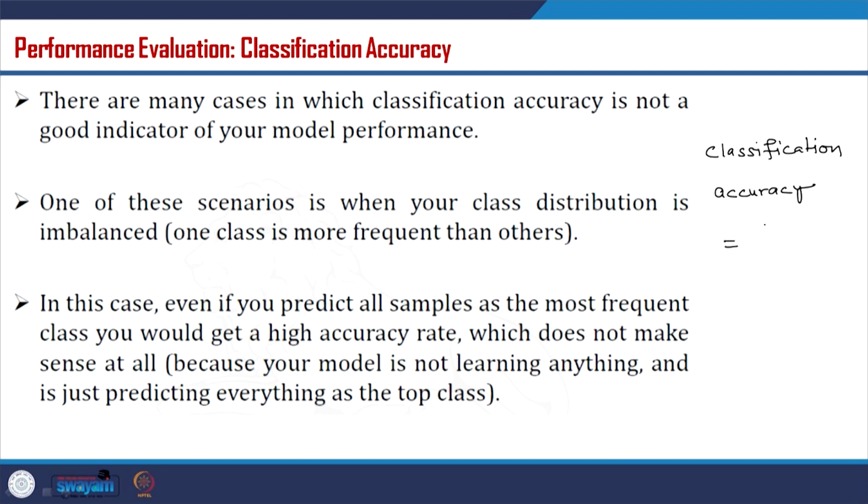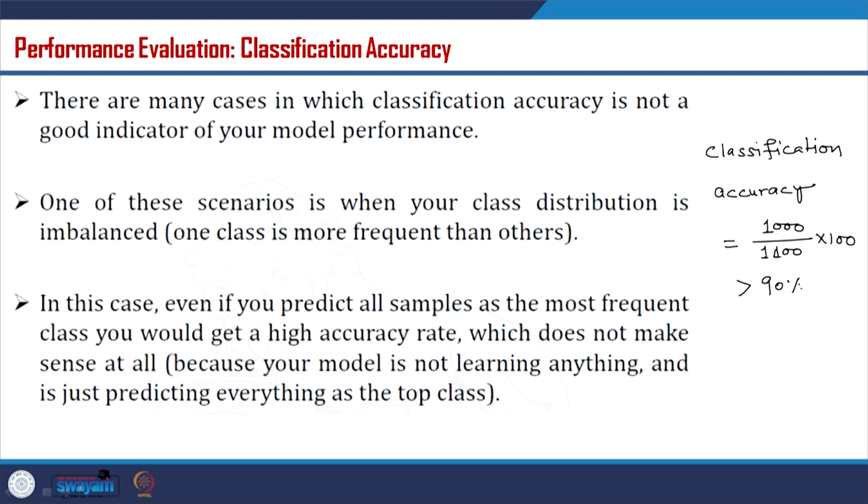How many are correctly classified? In total there are 1100 patterns, and all 1100 patterns are classified into the negative class. We have 1000 patterns from that negative class. So, correctly classified 1000 upon 1100 into 100, okay, and this will be bigger than 90%.